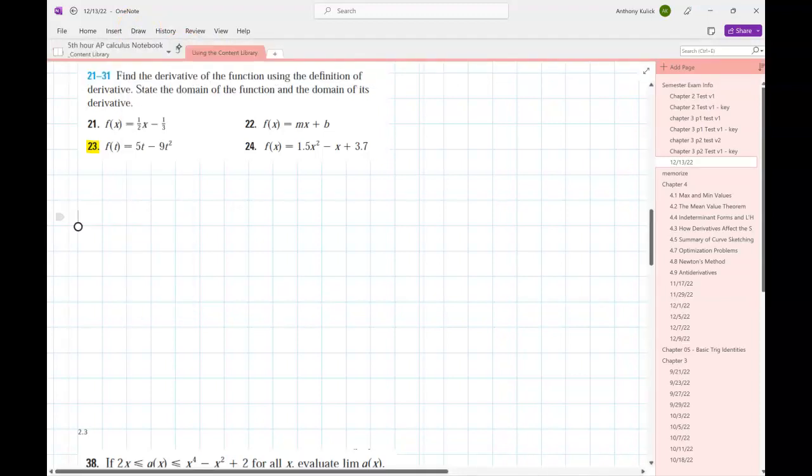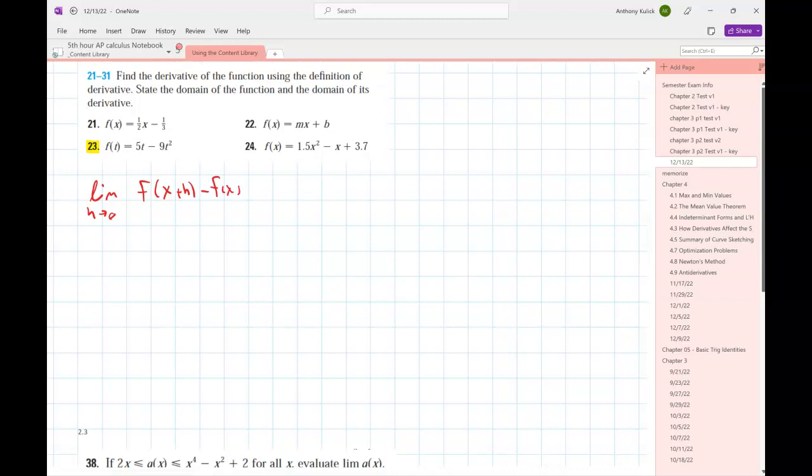All right, so I'm going to start. So the definition of a derivative, the limit as h approaches 0, of f of x plus h minus f of x over h. So in our case, it's really f of t. So we'll do that.